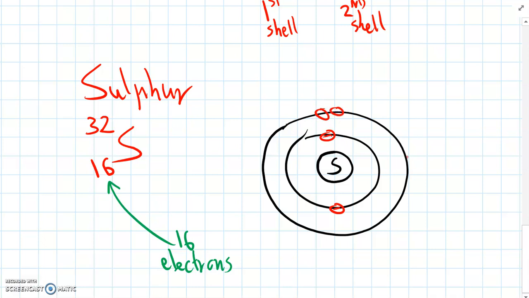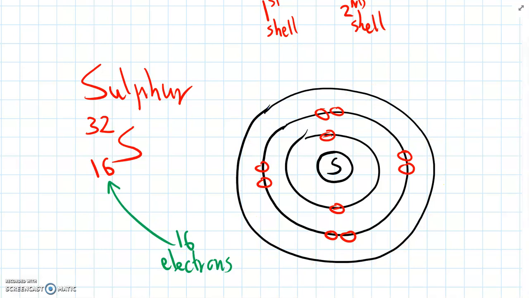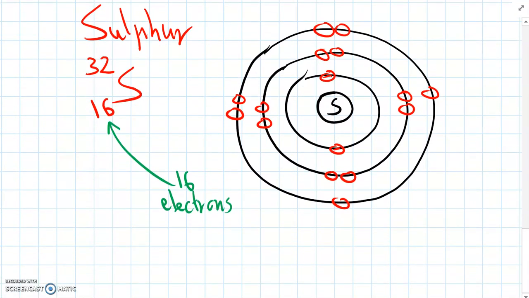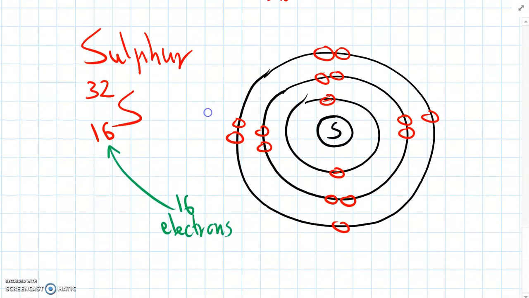So 1, 2, 3, 4, 5, 6, 7, 8. So we're up to 10. That means we're going to have a third shell for sulfur, and we've got 6 left over. So here's our atomic shell diagram of sulfur.